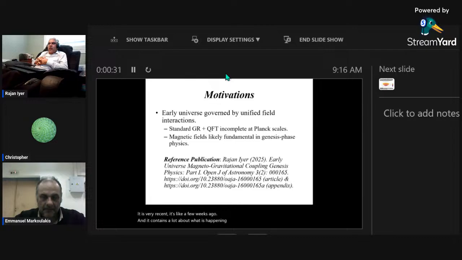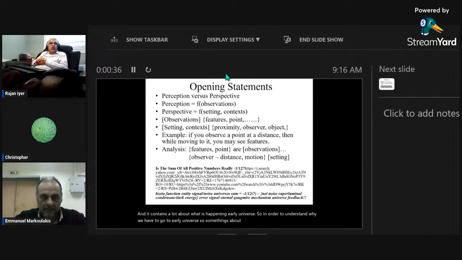To understand why we have to go to the early universe, there are some things about physics itself I want to talk about: perception versus perspective. Perception is observation. This is a fundamental issue coming up with all the top physicists, and people have a lot of difficulty understanding the problem between quantum mechanics and general relativity, the biggest aspects of physics, which have a conflict, as we have mentioned.